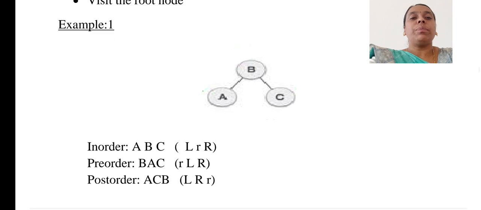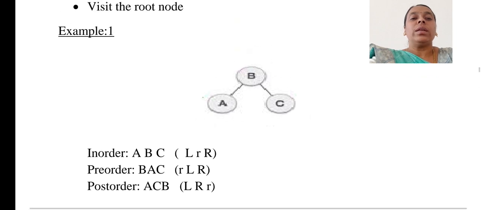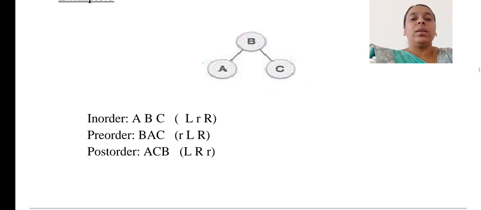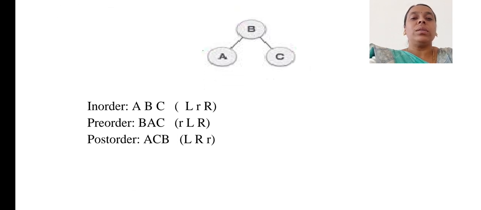Here is an example of pre-order, post-order and in-order. This is a tree. How to write the in-order? What is the rule? First visit the left subtree, then the root, and then the right subtree. So in-order traversal is first left A, then root B, and then right C. Next, pre-order traversal: pre means root, left, right.